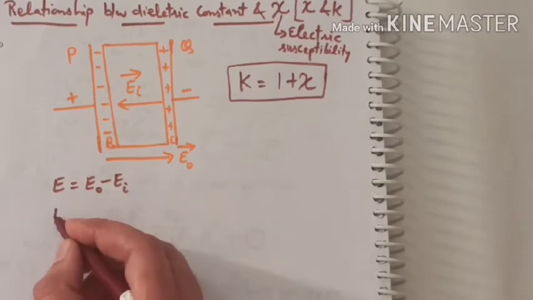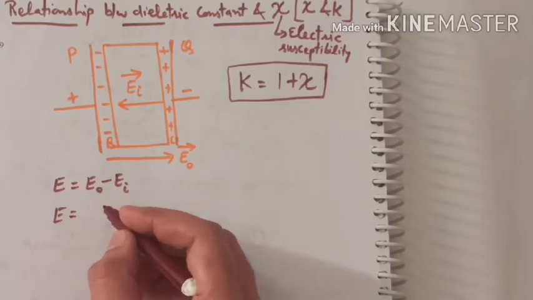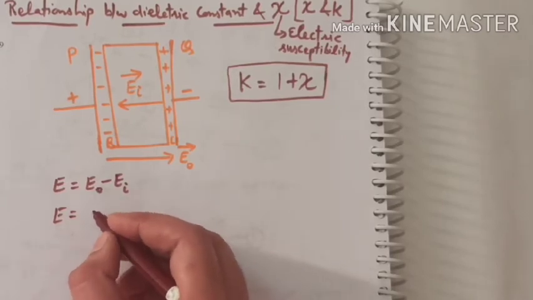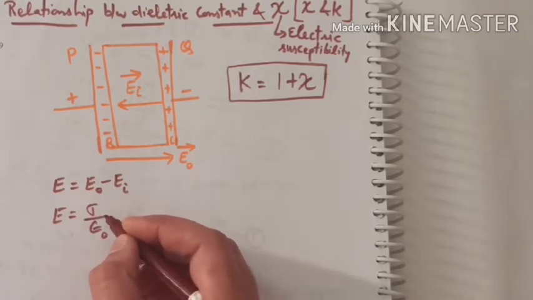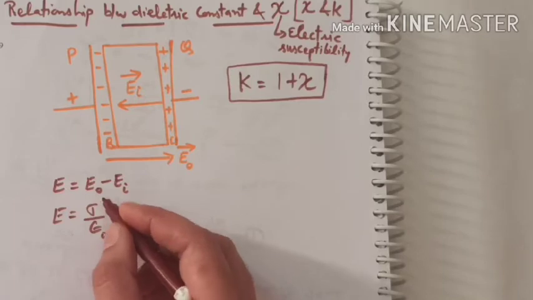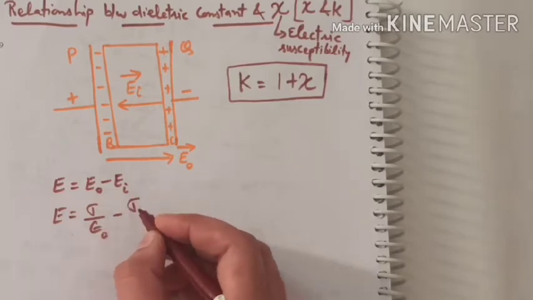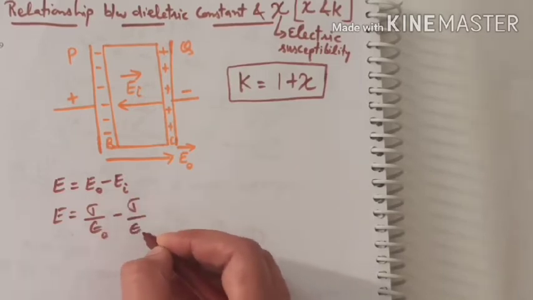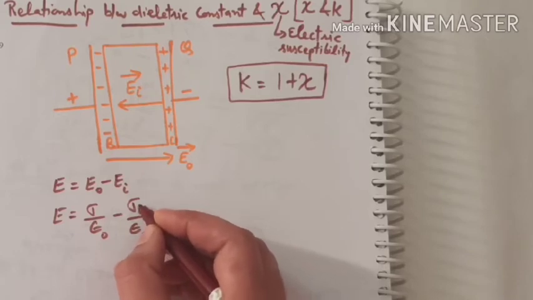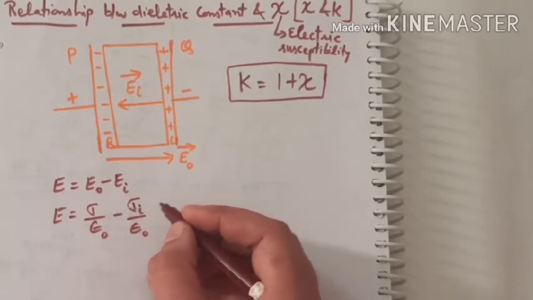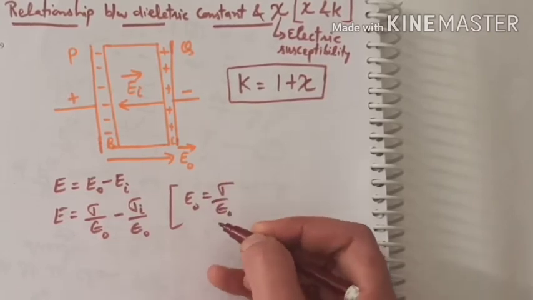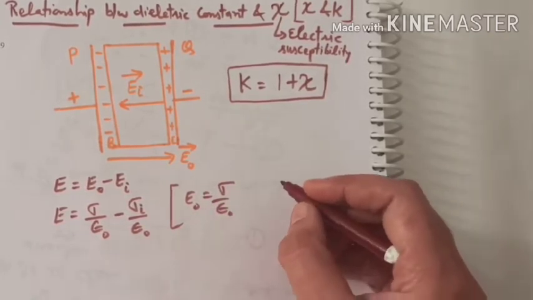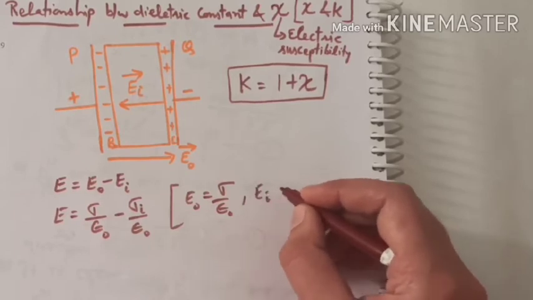In this case, E is equal to, because we know that the value of electric field for a plane sheet is sigma by epsilon naught. Sigma is the surface charge density of a plane sheet. This is the electric field intensity. Here sigma I is for internal, because the electric field is equal to sigma by epsilon naught for a plane infinite sheet, and EI is the internal electric field.